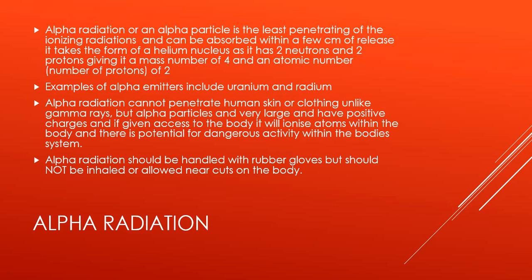As I was saying earlier, alpha radiation is the least penetrating of all the ionizing radiations, and it can't penetrate past human skin or clothing. But alpha particles are very large and have positive charges, and if given access to the body, via cuts through your skin, say if you've got a cut on your hand and you're working with alpha radiation, it could get inside your body and has the potential to destroy atoms, which therefore destroys cells in your body.